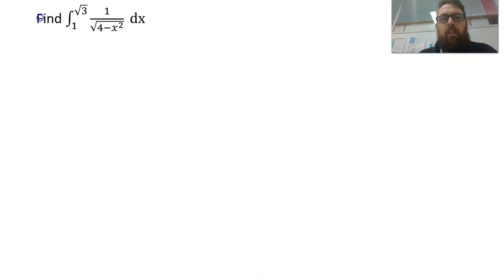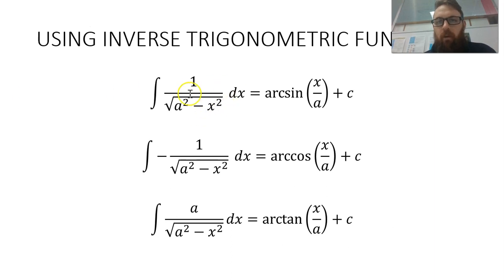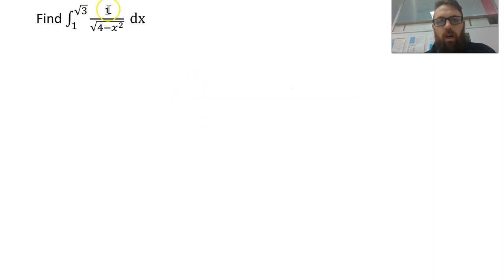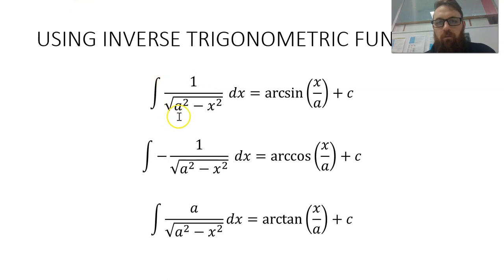All right, so let's have a look at an example. I think it's going to be a little bit more straightforward when we jump into this. So what we've been asked to do is find the integral from square root of 3 to 1 of 1 over the square root of 4 take x squared. So the first thing I'm going to do is jump back to our original formula. We've got it in the form 1 over something squared take x squared. Ours just happened to be in the form 1 over 2 squared take x squared.